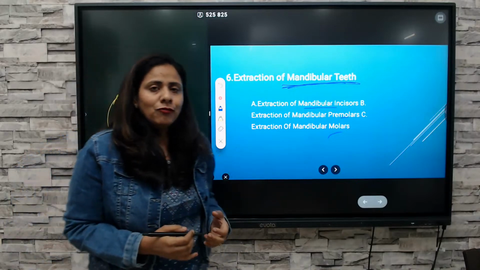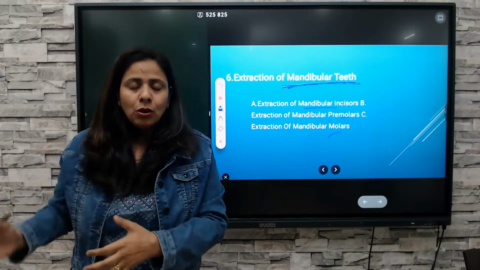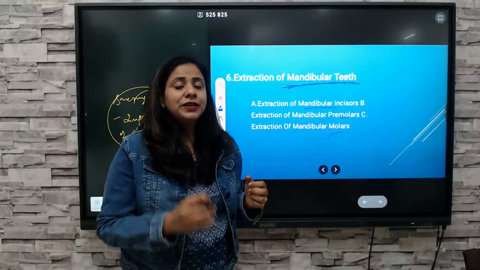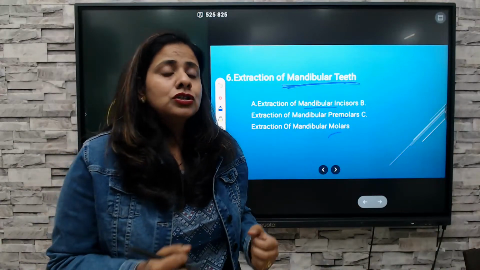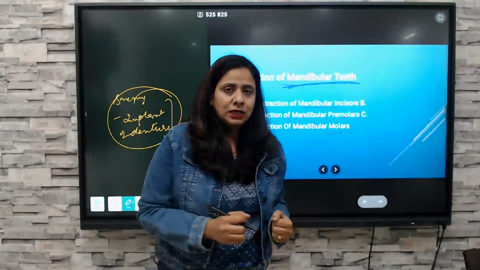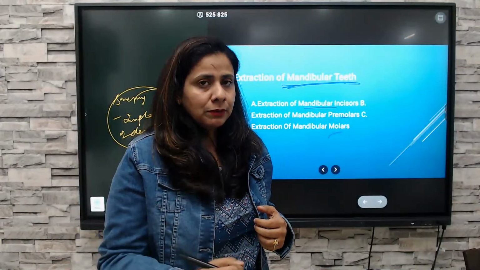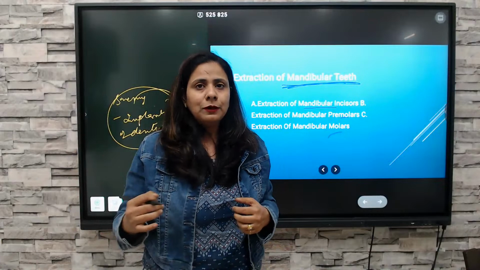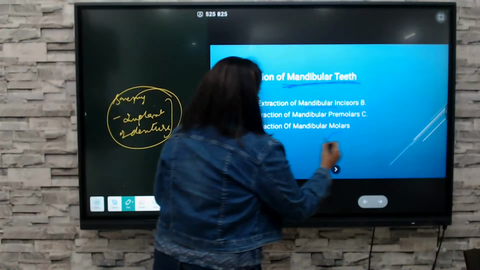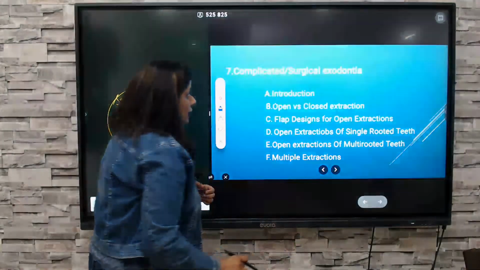So there are certain movements that are absolutely not indicated, and there are certain movements we do to extract the tooth. So what are the possible complications that would happen because of wrong extraction of mandibular teeth? We are going to discuss that in detail.